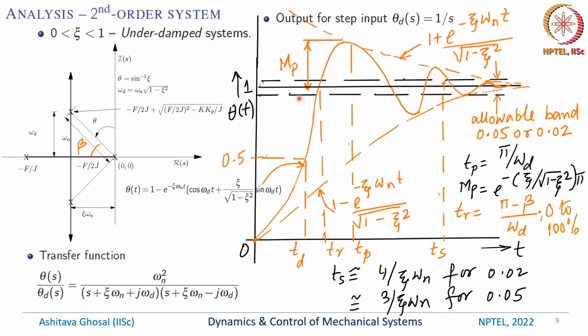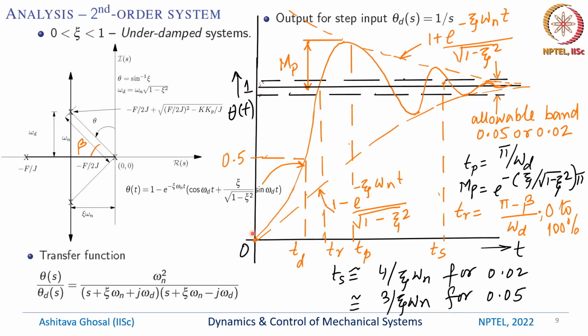One of the first things that you can see is that this plot of theta of t always lies between these two asymptotes. And what are these asymptotes? One is 1 minus e to the power minus psi omega n t divided by square root of 1 minus psi square, and the other one is 1 plus e to the power minus psi omega n t divided by square root of 1 minus psi square.